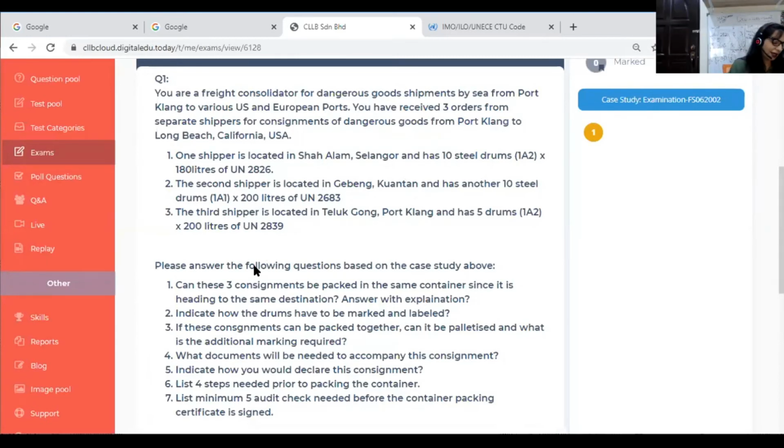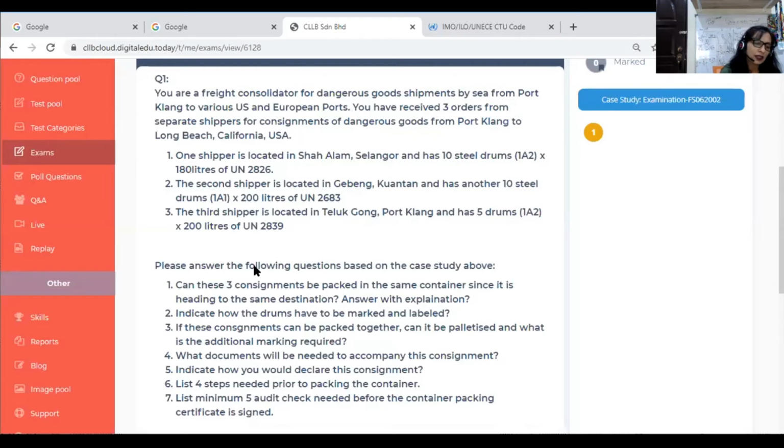The shippers, the agent sends it to various US ports. Correct. But you're right to say that it didn't indicate whether it's going to a single consignee. Maybe I should indicate that in the question, because not everybody thinks like a freight forwarder.